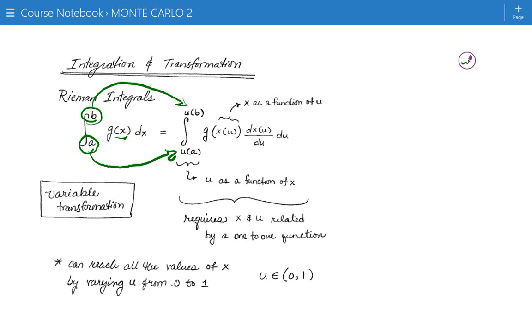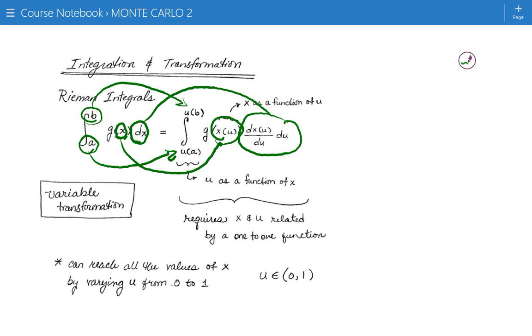We will need to take x and convert it into a function of u. And then we will need to take dx and convert it into a function of u and du, which we'll see how to do in a moment.